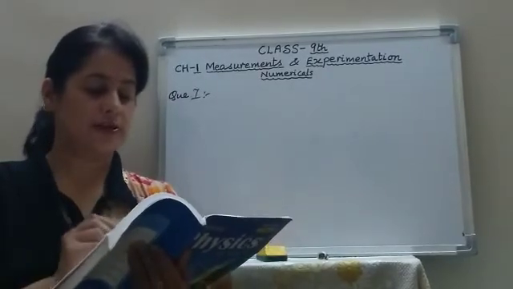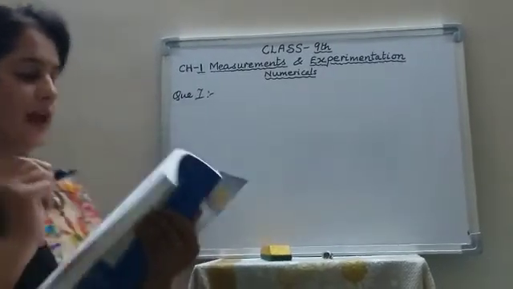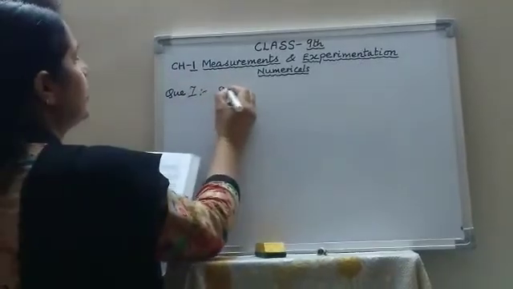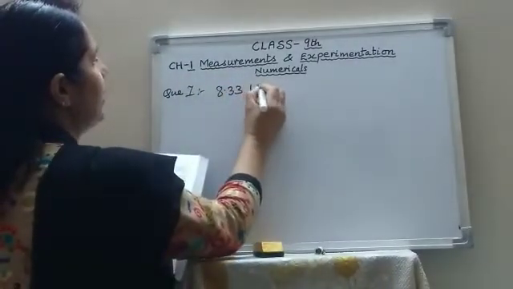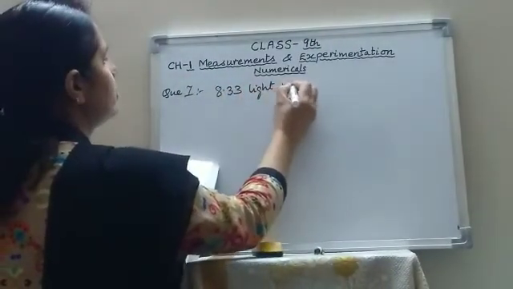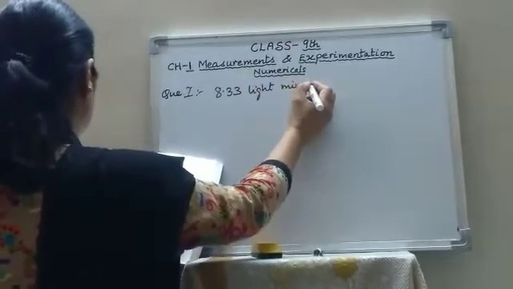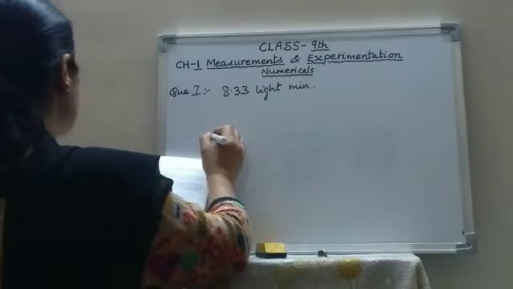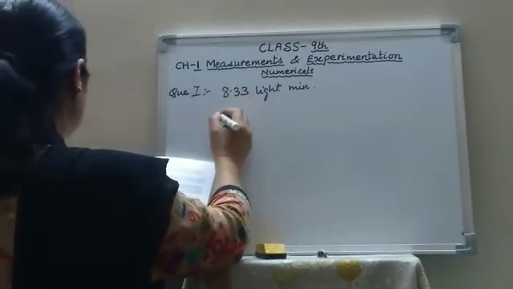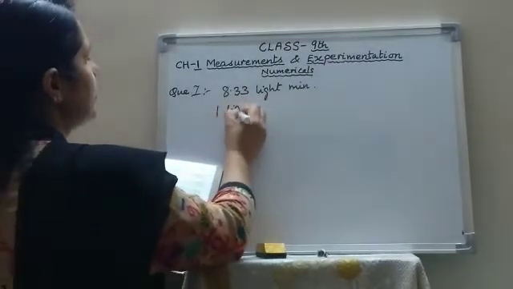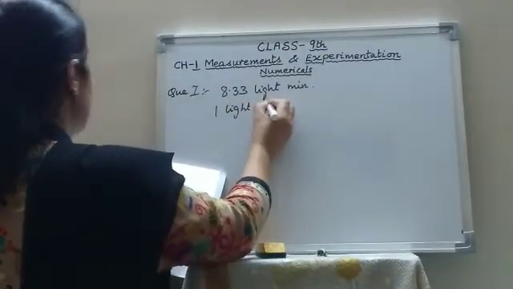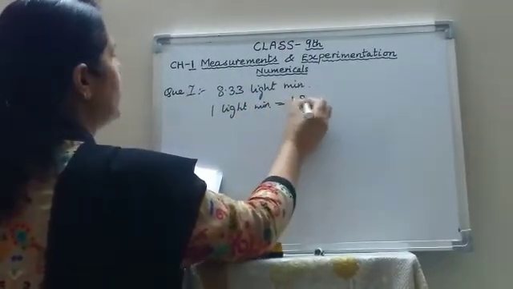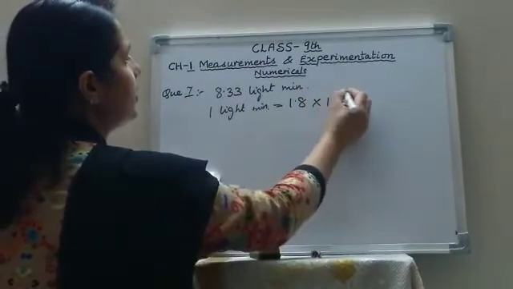Now you have to express the distance in meter. That means 8.33 light minutes you have to convert in meters. Now 8.33 light minutes, how will you convert it in meters? 1 light minute equals to 1.8 into 10 to the power 10 meters.